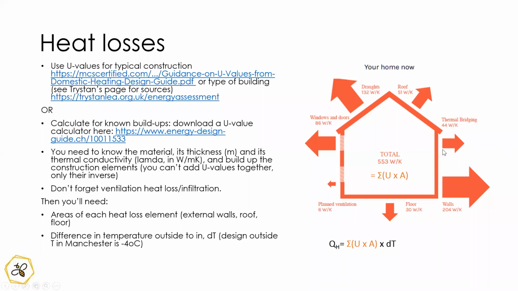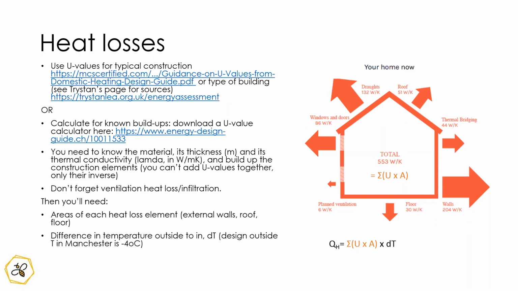Then don't forget your ventilation heat losses. That's due to cold air coming in from outside, whether from general infiltration leakiness or because you've got fans running, so you need to take that into account.